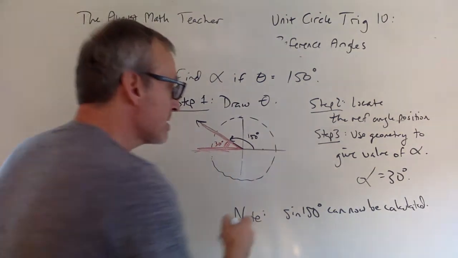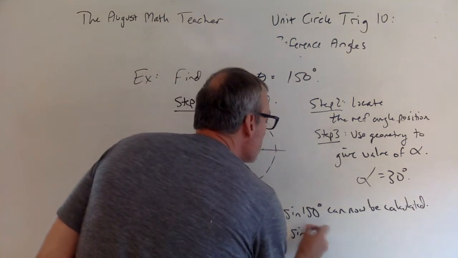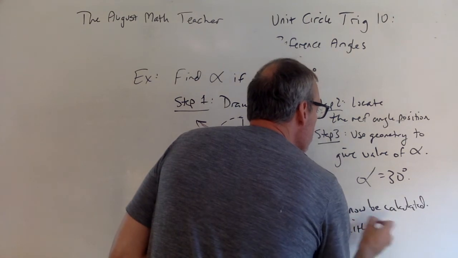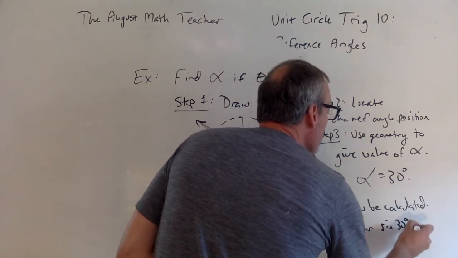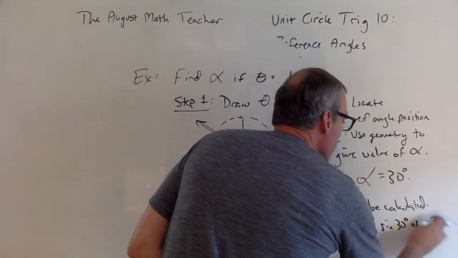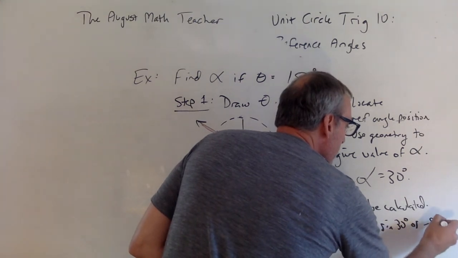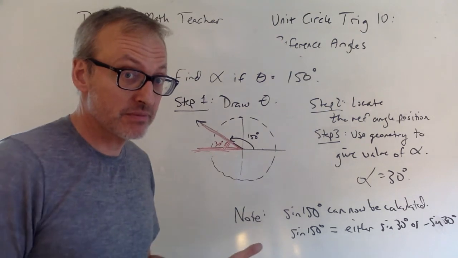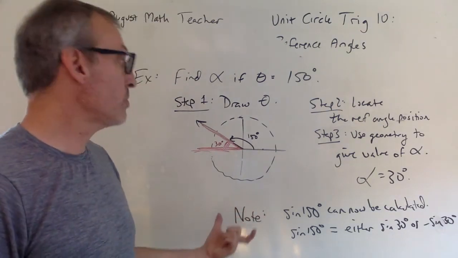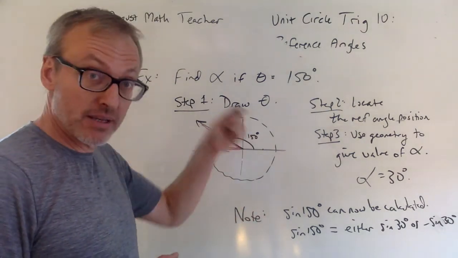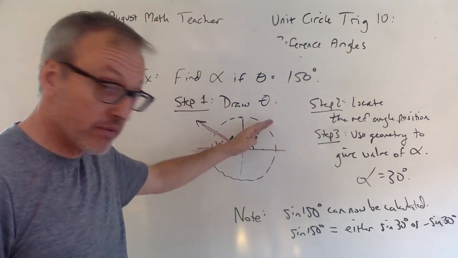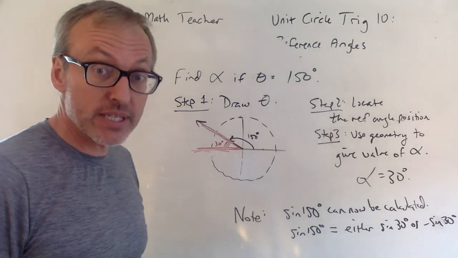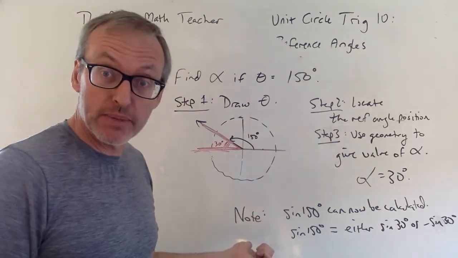Because the sine of 150 is equal to either the sine of 30 or the negative sine of 30. Because of this note we just wrote. Remember, reference angles tell you that you're going to have exactly the same value. 30-degree angle over here is going to have the exact same reference angle as this one, so they're going to have the same sine value. It's either going to be positive or it's going to be negative.